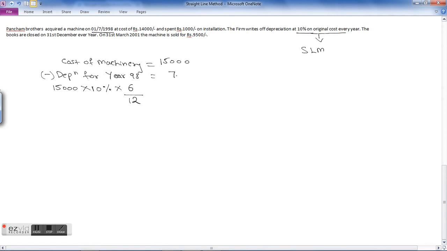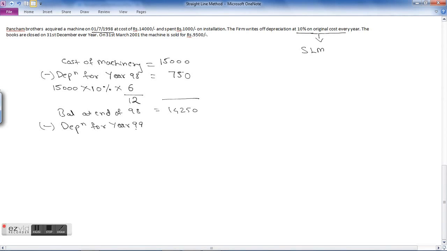So that makes it 750. So the balance in the asset account at the end of 1998 is 14,250.